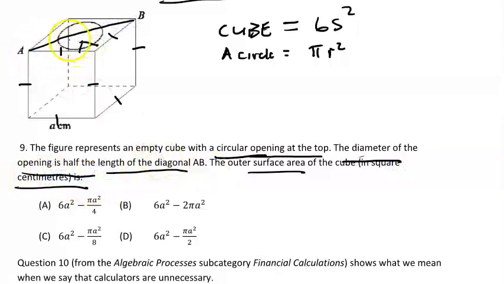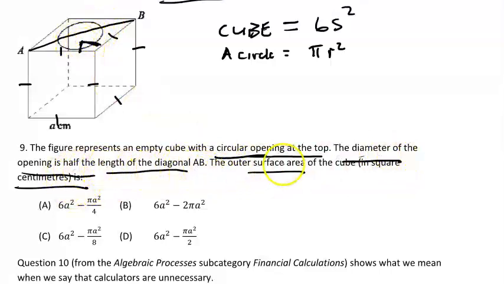Remember, that's a square, so this is a 90-degree angle there. Okay, the vertices of a square are at right angles, so at 90 degrees there. So they tell us that the diameter of the opening is half the length of the diagonal of EB.